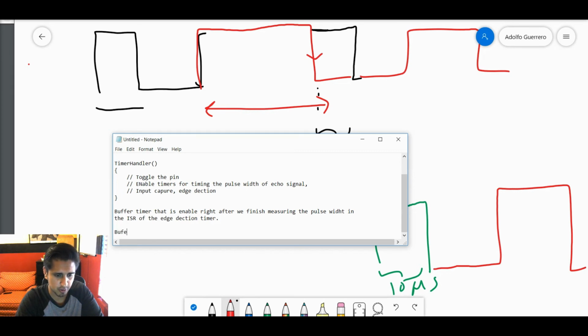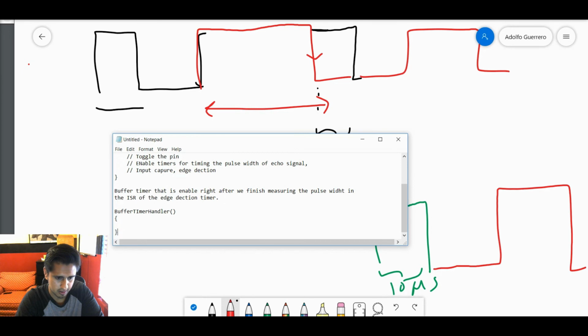Let's write some pseudocode for what we do. Buffer timer handler. We enable the timer to go, and after the time has expired, we go to the handler.